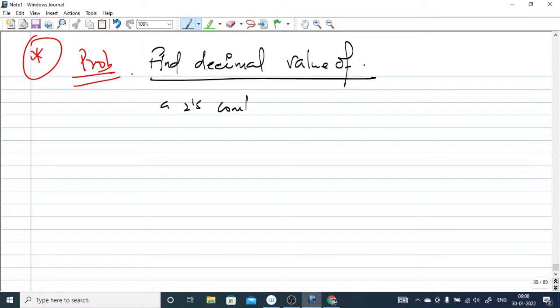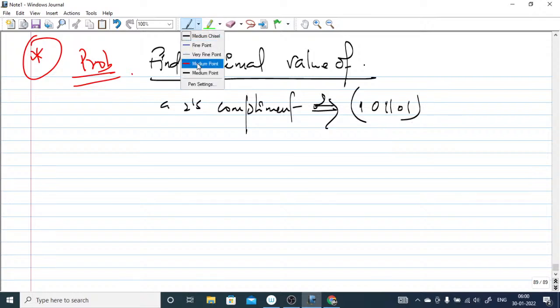They have already mentioned that this is a 2's complement number, given as 101101, and you have to find the decimal equivalent of this.